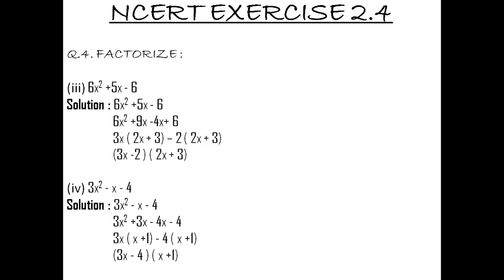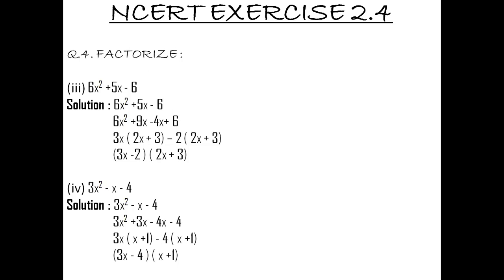Minus 1. So using the factors of 12, I have to get minus 1. So think about the factors of 12. 1, 2, 3, 4, 6, and the number 12 itself. Which two factors can be used to get minus 1?